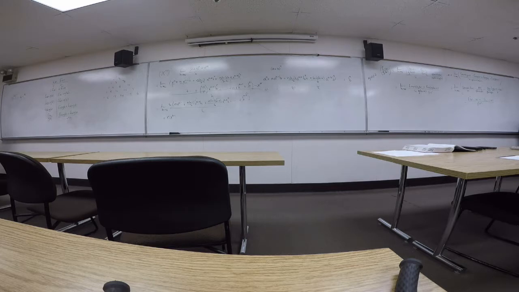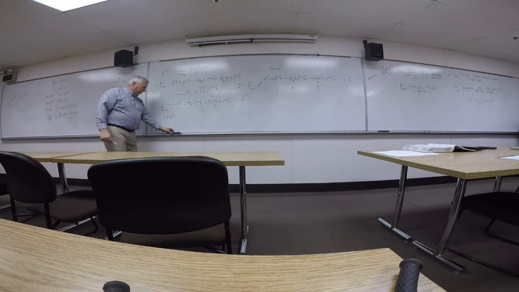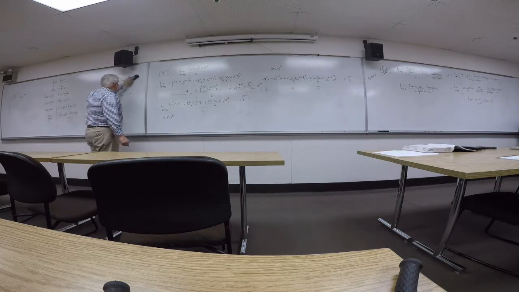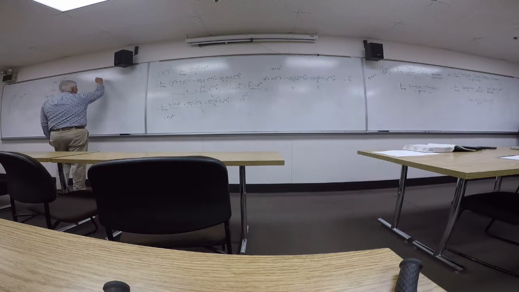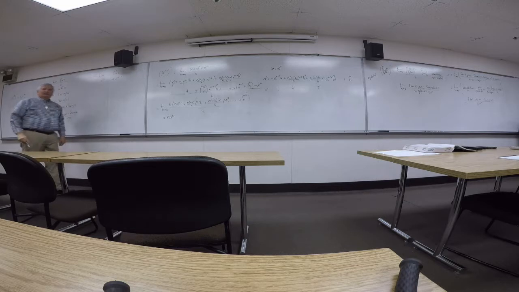So, continuing our list, f of x, f prime of x: x to the n becomes n times x to the n minus 1, for n a positive integer, or a natural number if you wish.